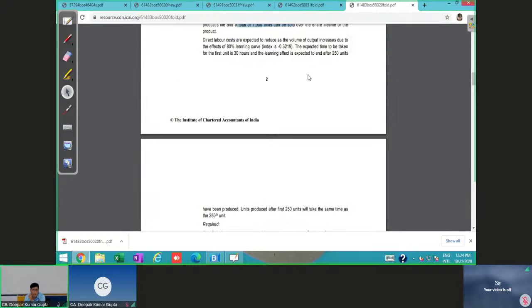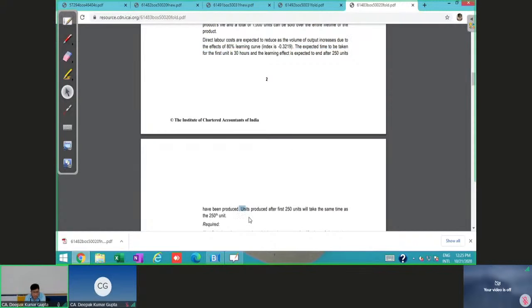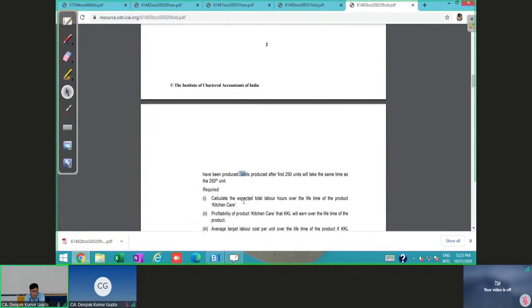Here it is very important to note that the expected time to be taken for the first unit is 30 hours and the learning effect is expected to end after 250 units have been produced. Units after the first 250 units will take the same time.